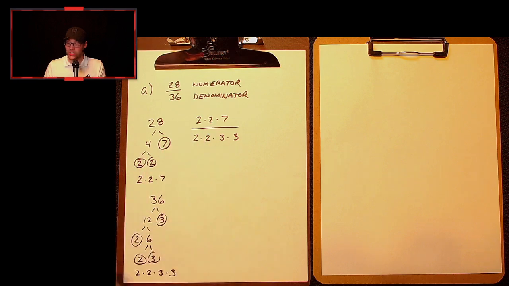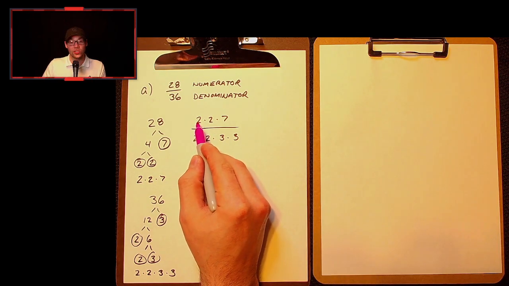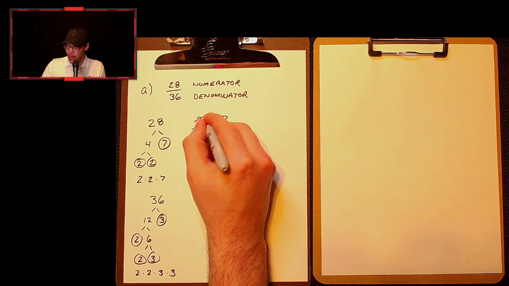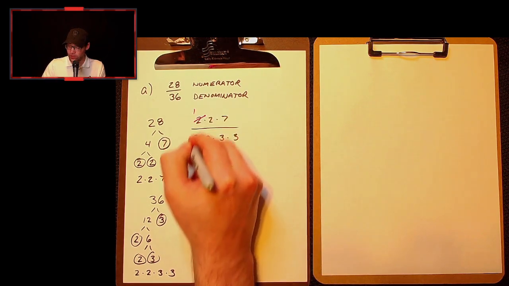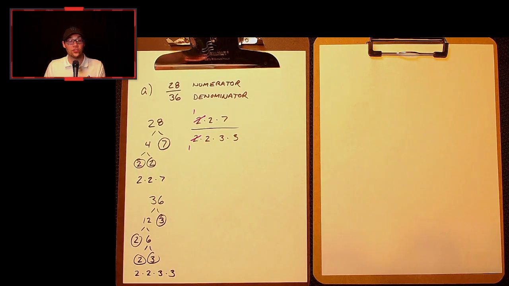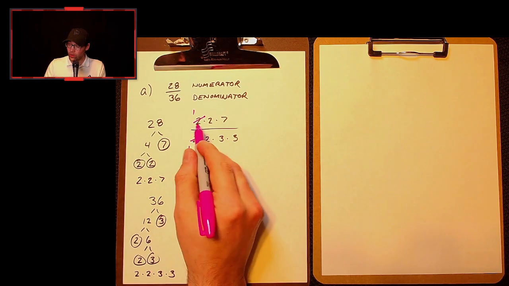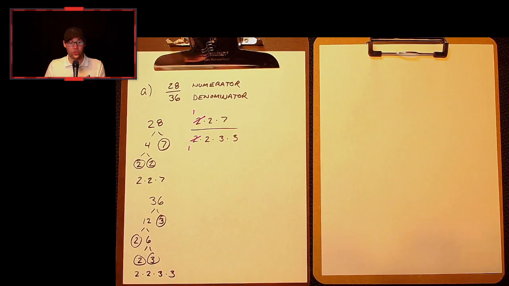We can cancel any factor in my numerator with a factor in my denominator as long as they match. What do I mean by that? Well, I see a 2 here in my numerator. I see a 2 in my denominator. We can actually cancel these factors, and all canceled factors cancel to 1, not to 0, not to a blank space. So here I was able to cancel a factor of 2.